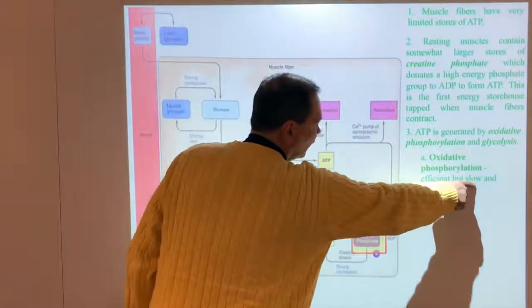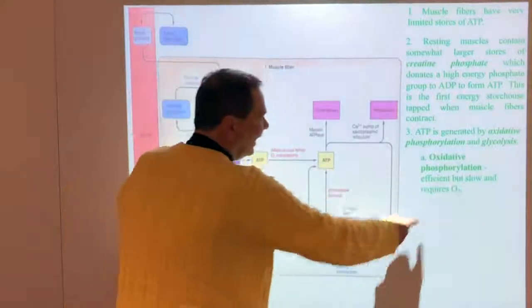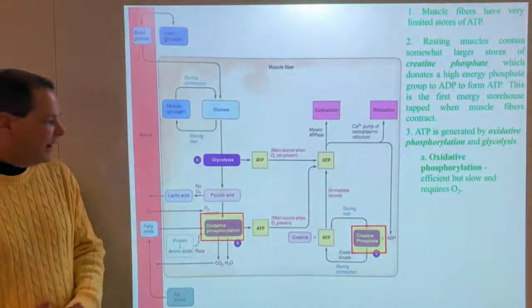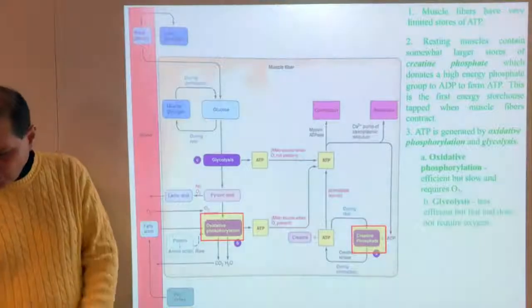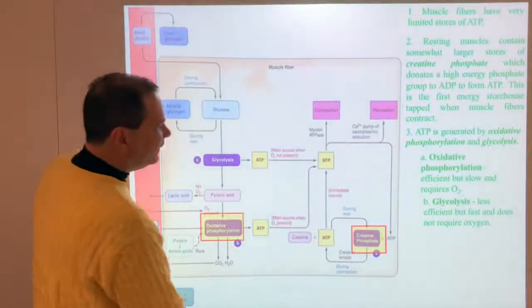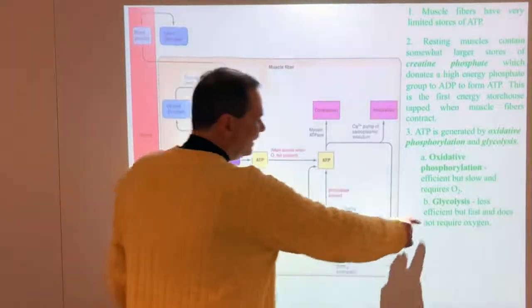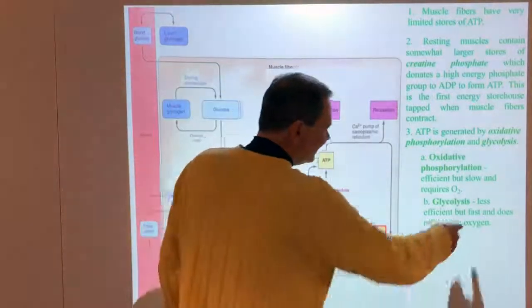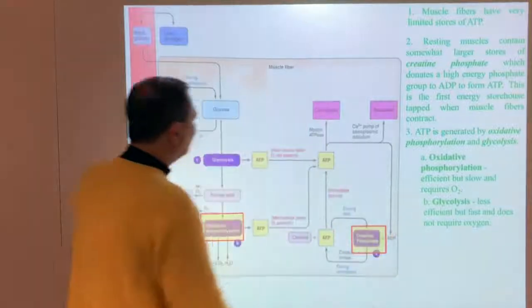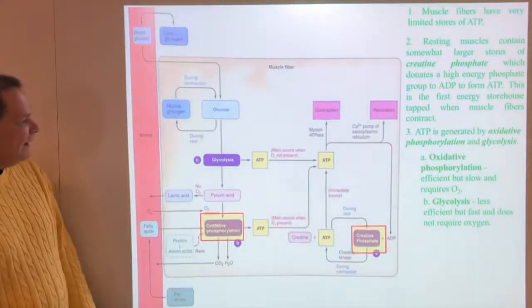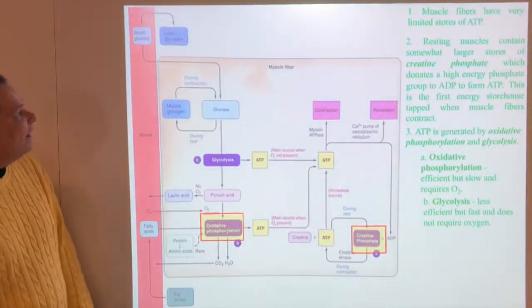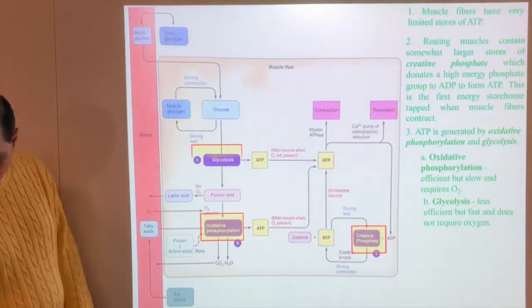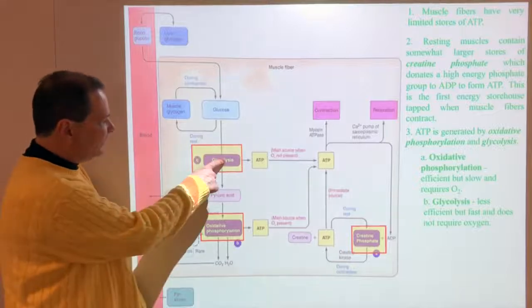However, it is slow and it requires oxygen, so it's not ideal for all circumstances, okay? On the other hand, you have glycolysis, which is less efficient in that it does not generate as much ATP per glucose, but it's fast and it does not require oxygen, and so that makes it ideal for certain situations. And there's our glycolysis right there.